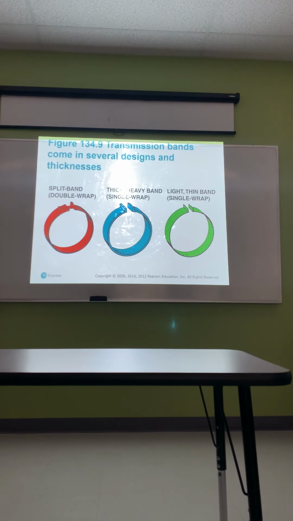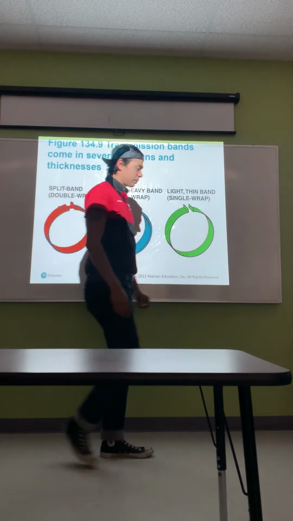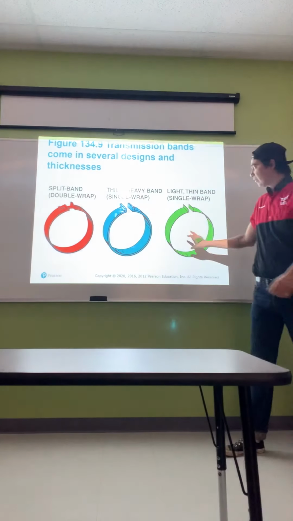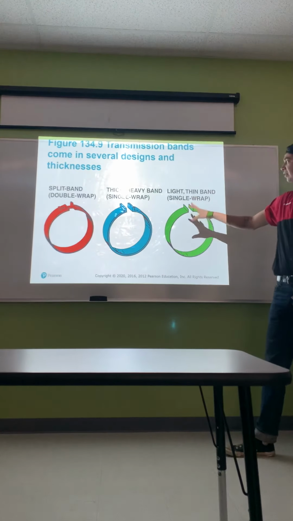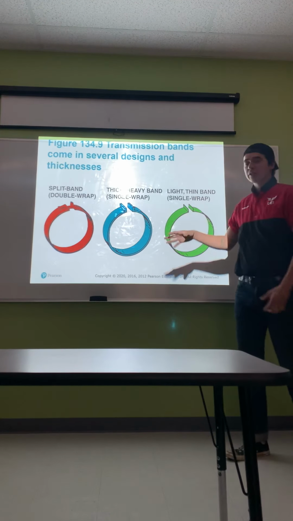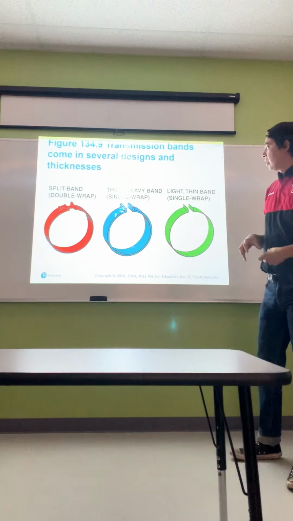Transmission bands come in several designs and thicknesses: a split band or double wrap, a thick heavy band, which is a single wrap, and a light thin band, which is also a single wrap. The thickness of each band determines how much it grabs.